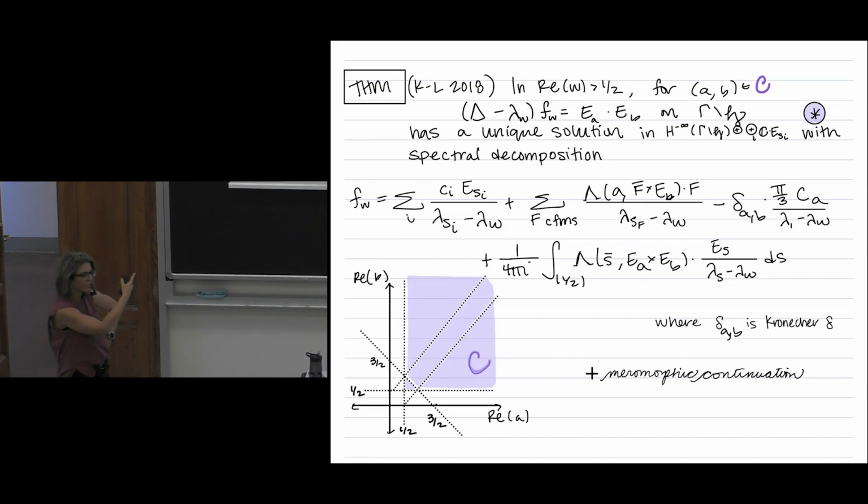You already have three here when you're doing this, because when you find this, you're multiplying this against another Eisenstein series. So you're integrating, you're doing them with three Eisenstein series.